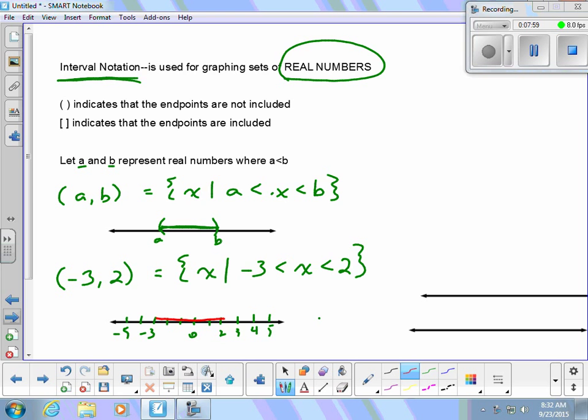So it's good to use a darker line or a different colored line to show the interval, and then put brackets at the end points to indicate what's included. This is called an open interval because the endpoints are not included.